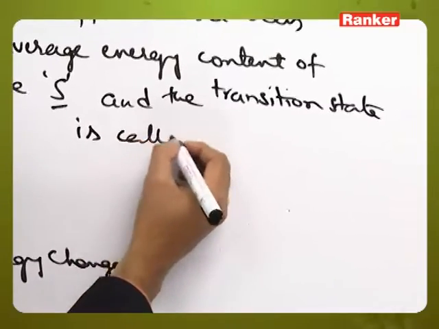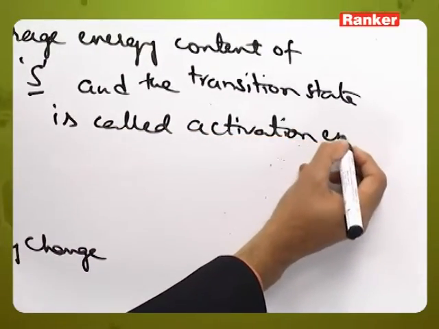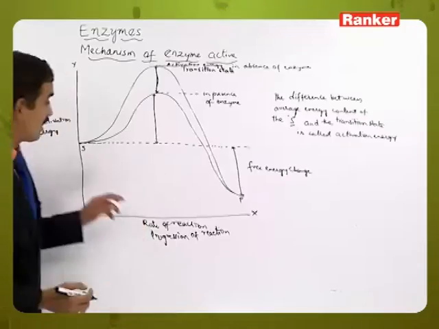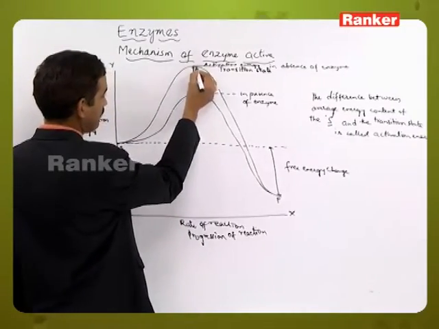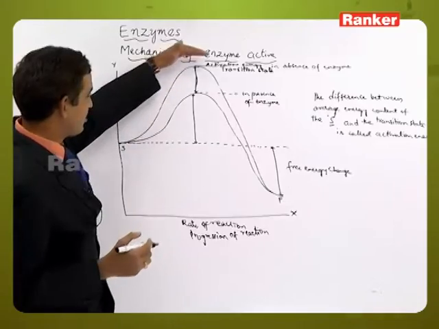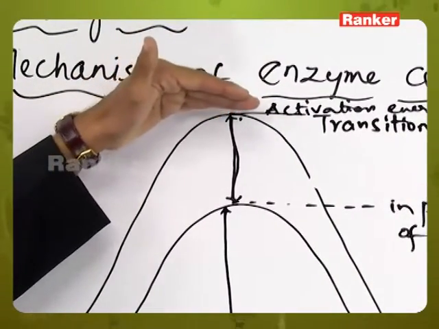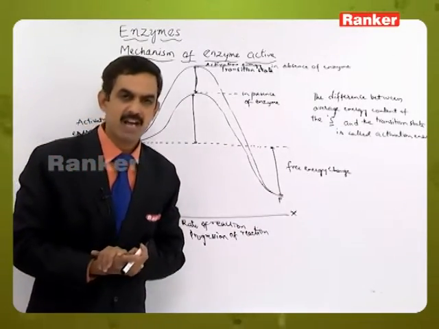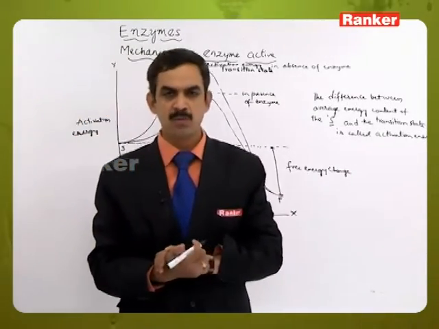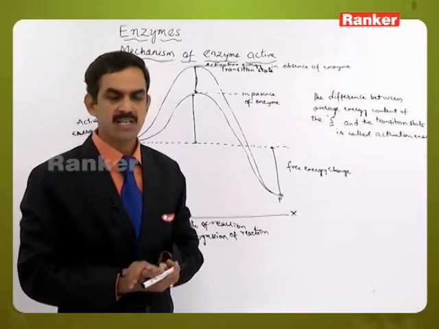In absence of the enzyme molecule, the transition state will be at a higher level, so that is the energy barrier, and the transition state is decreased in presence of the enzyme molecule. That is the way it is making easy for the substrate to be converted into a product molecule, so the reaction will be speeded up.